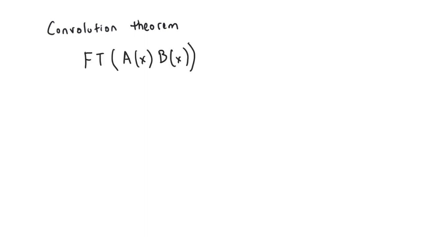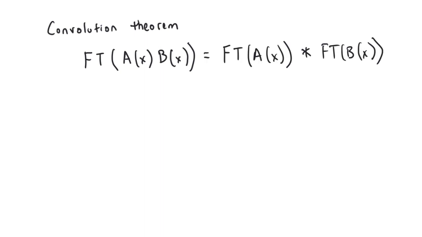Suppose I have two functions, a of x and b of x. I multiply those two functions together, and I want to then take the Fourier transform of the product of those two functions. The convolution theorem says this is equivalent to taking the Fourier transform of the individual functions and convolving them with each other. So this asterisk is a convolution operation.